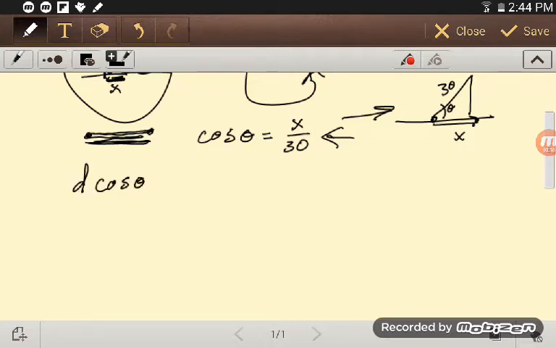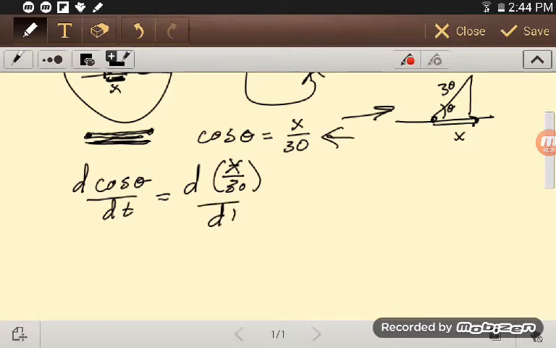Okay, so we have our relationship, and now we can take derivatives. The derivative of cosine theta with respect to t is equal to the derivative of x over 30 with respect to t. And so we get the derivative of cosine is minus sine theta times d theta dt, equal to 1 over 30 times the derivative of x, so dx dt.